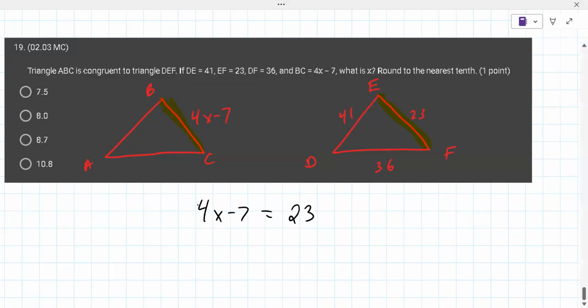All right. So you would add 7 on both sides, and it would equal 30. Then you divide 30 by 4 on both sides. You would get 6, 12, or no. Use your calculator if you need to.